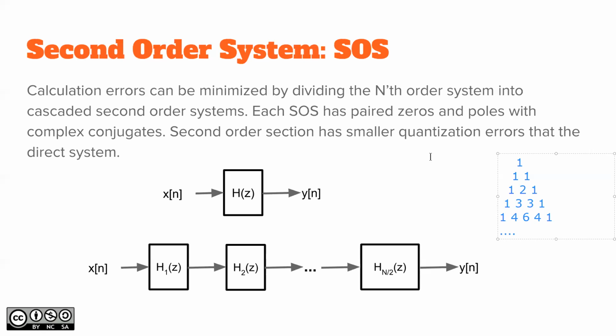Okay, so practically, if we have a system where H of z is simply z minus 1 to the power of some value k. If k is 2, then we have z squared plus 2 times z plus 1, okay?